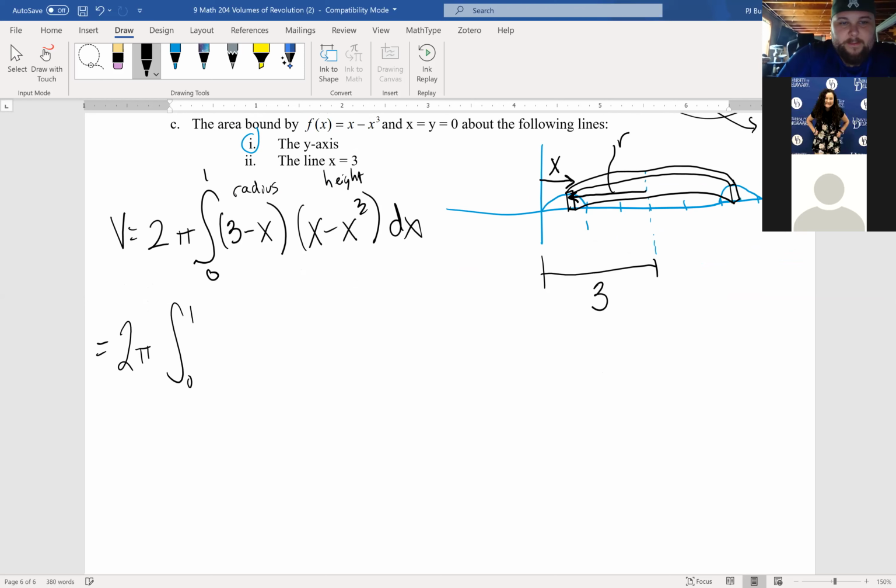So I'm going to go ahead and multiply this all out. I'm going to get 3x minus 3x cubed minus x squared plus x to the fourth.